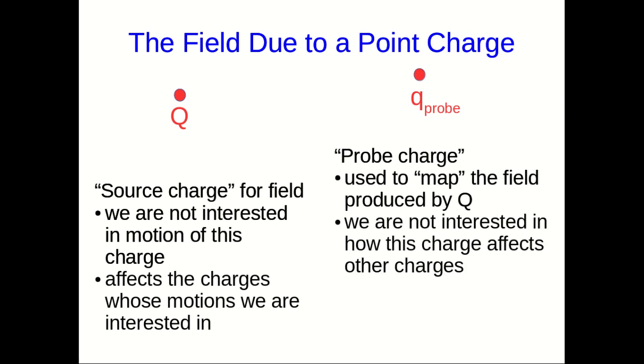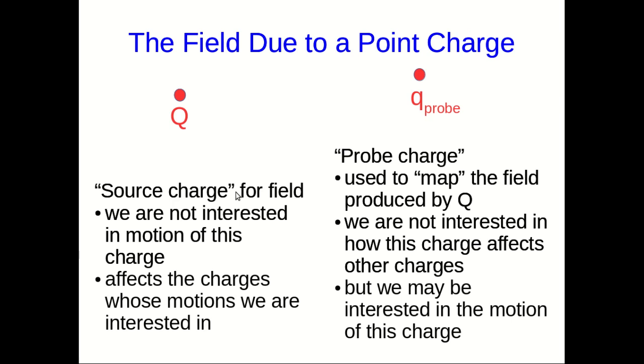We're not interested in how this probe charge affects other charges. We're thinking of it as representative of charges moving through this region being affected by the charge capital Q. And so we might in fact be interested in the motion of this probe charge.